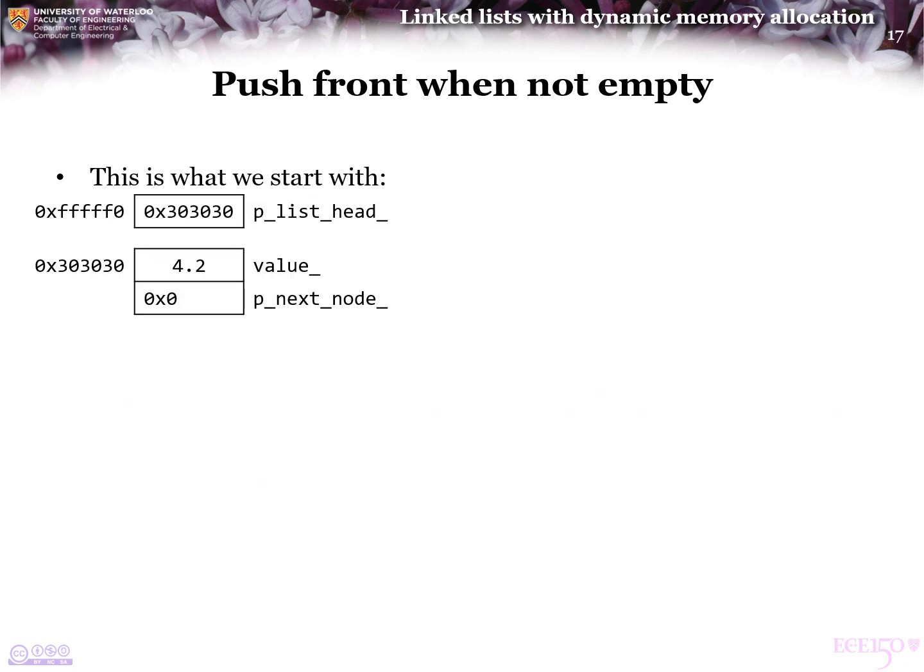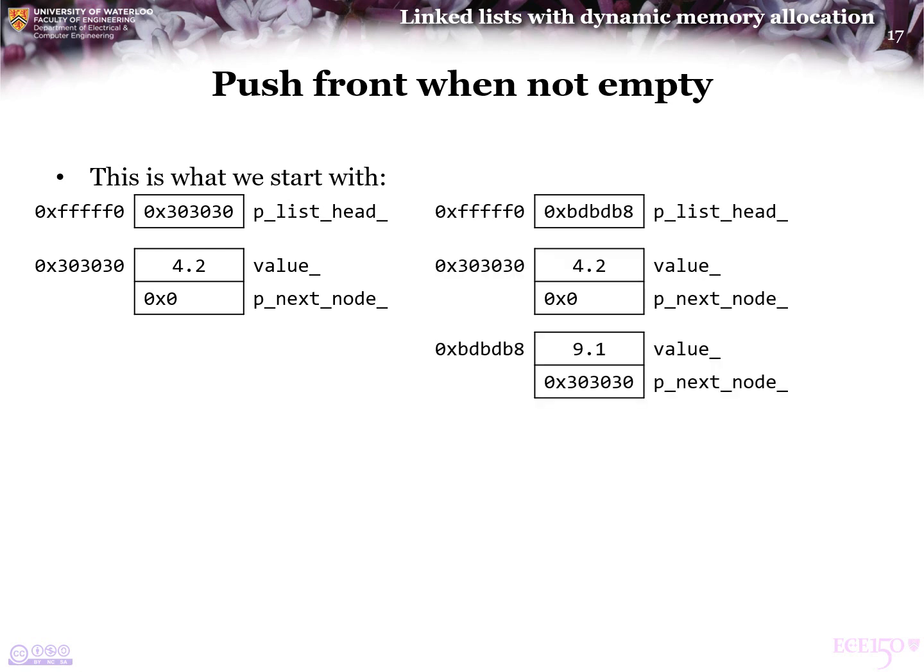So this is what we're starting with. List head is storing the address of the first node in the linked list. If we want to push a new node into that linked list, this is what we want to end up with. We need to allocate memory for a new node that stores the new value we want to store.